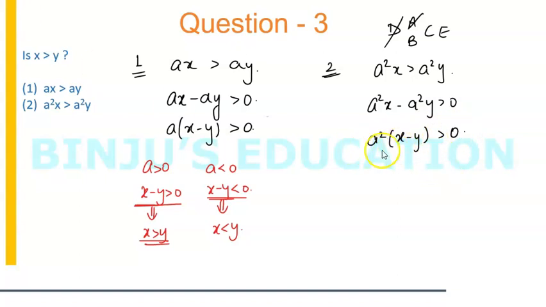Now, let's first understand the role of A square here. A square is a square, right? Now, square quantity can be 0 or it can be positive.